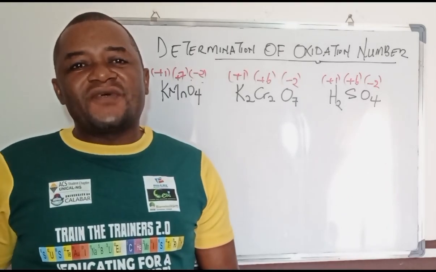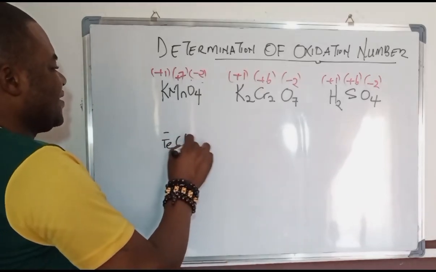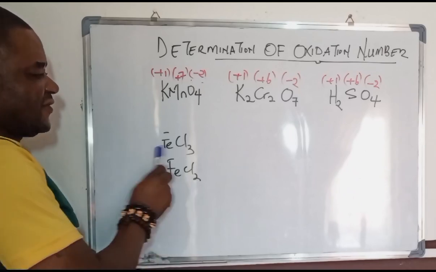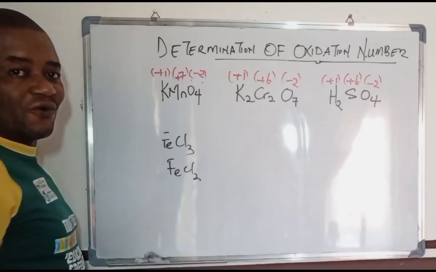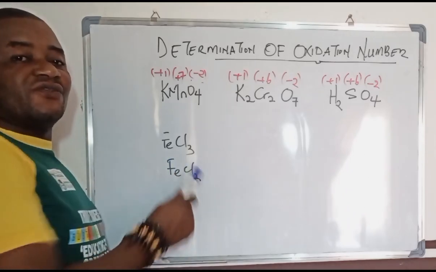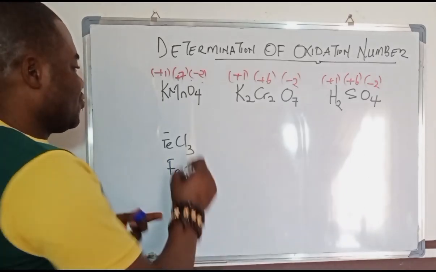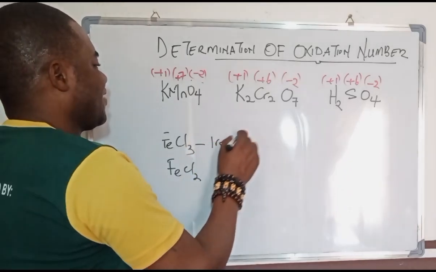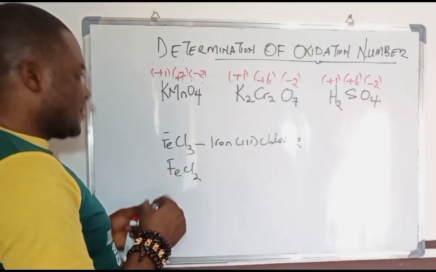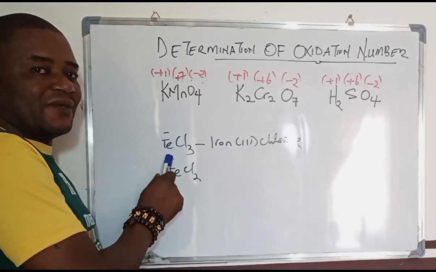So when you have, for example, iron 3 chloride and iron 2 chloride, they are named with respect to their oxidation number. So when you say this is iron 3 chloride, this is simply the oxidation number of iron in this compound.